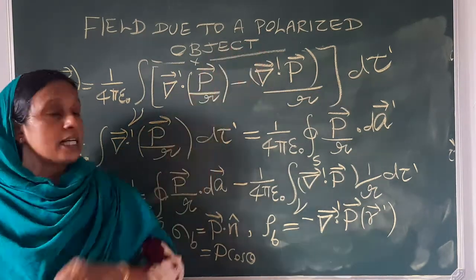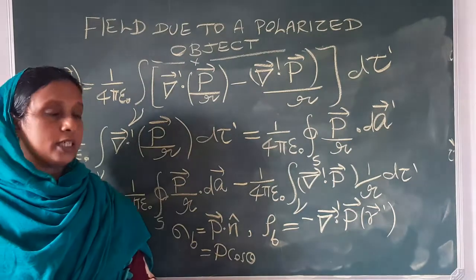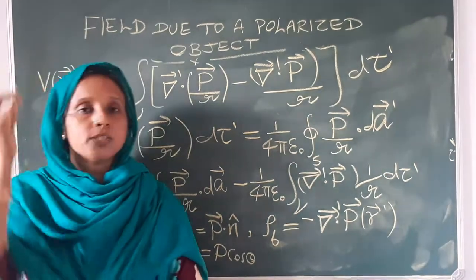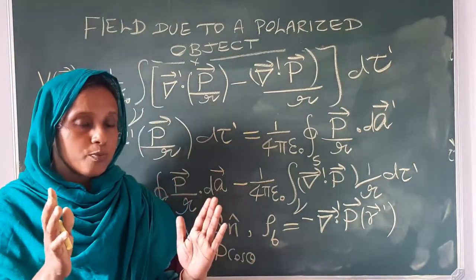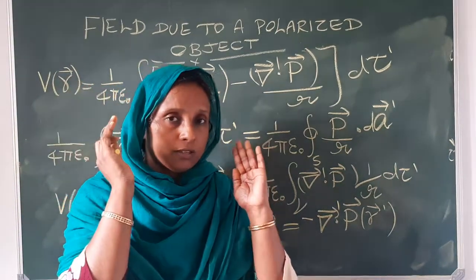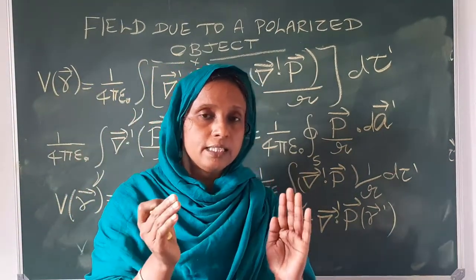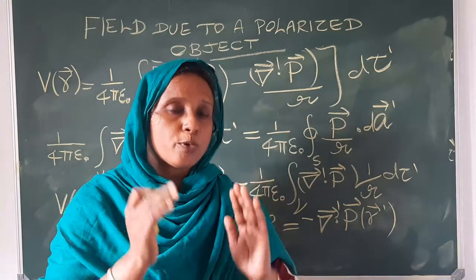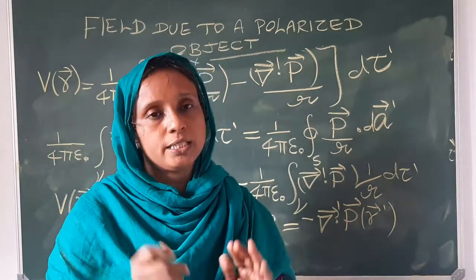So the electric field due to a polarized object can be written as the electrostatic potential due to the surface charge density plus electrostatic potential due to volume charge density.